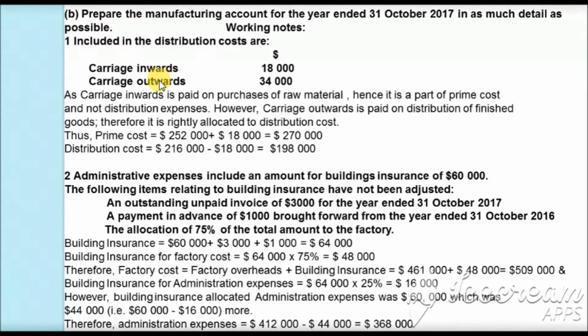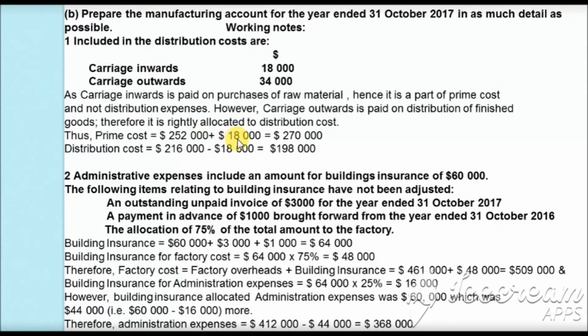Whereas carriage outwards is a transportation cost incurred to distribute the finished products to the customer, and this is part of distribution cost and it was rightly allocated. So we do not need to do anything for carriage outwards, but we have to rectify the error made regarding carriage inwards. To rectify this, we'll take the prime cost, which is $252,000.